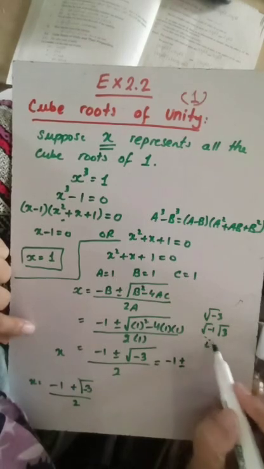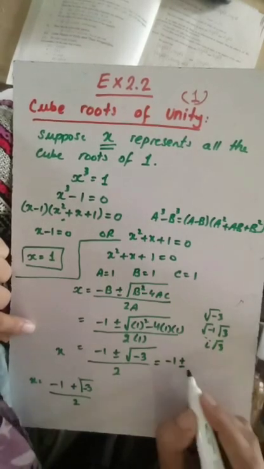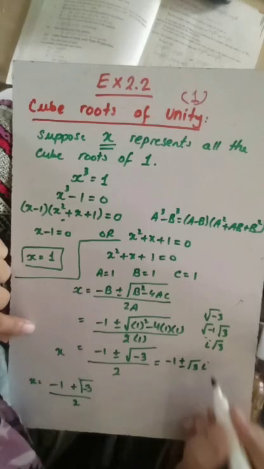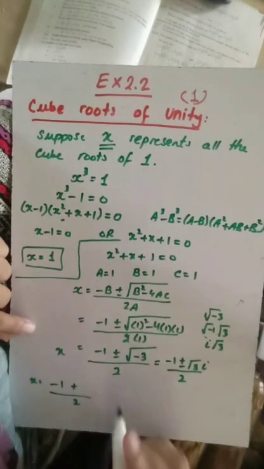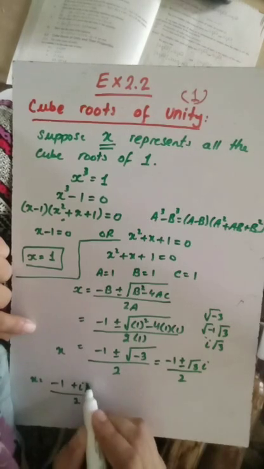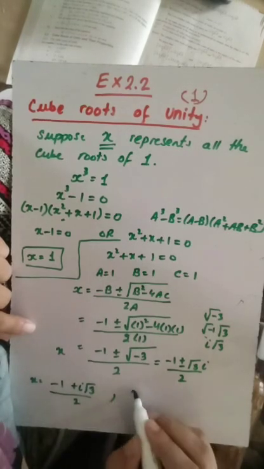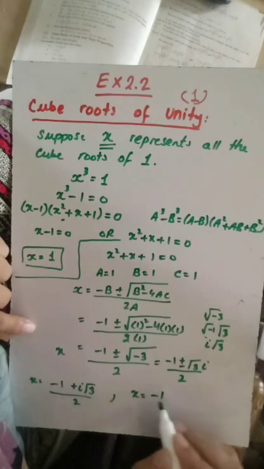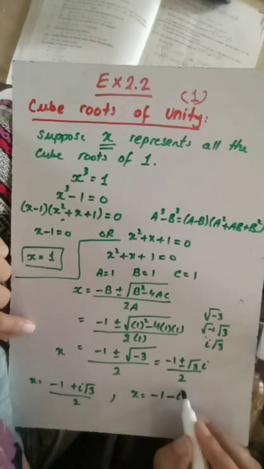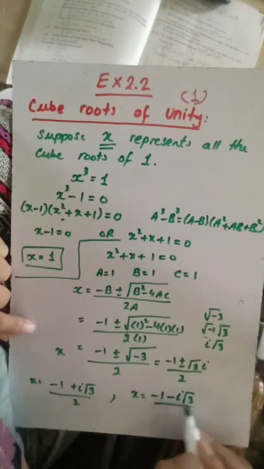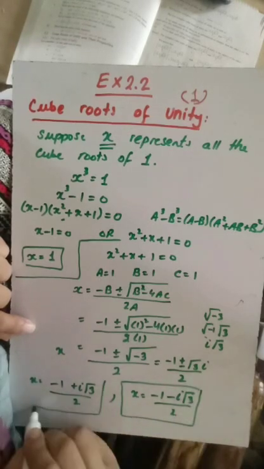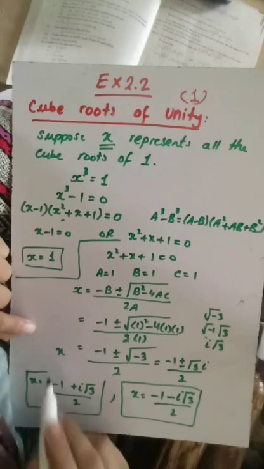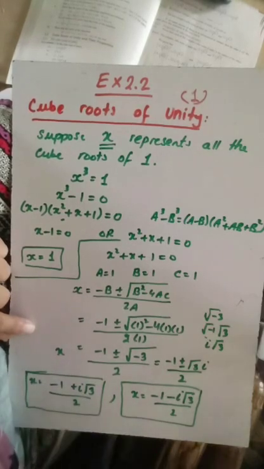So it will be iota under root 3 over 2. We have two roots: one is minus 1 plus iota under root 3 over 2 and the other is minus 1 minus iota under root 3 over 2. So these are the two complex numbers whose cube will give us 1.